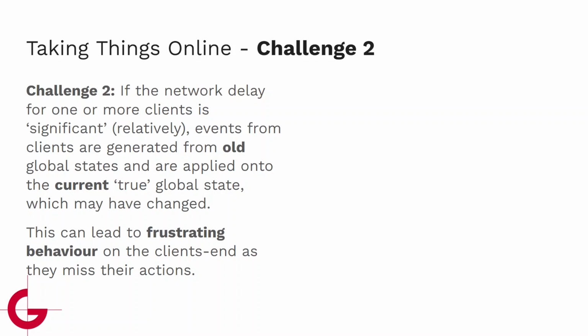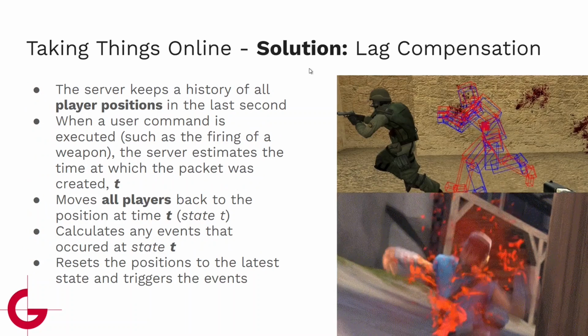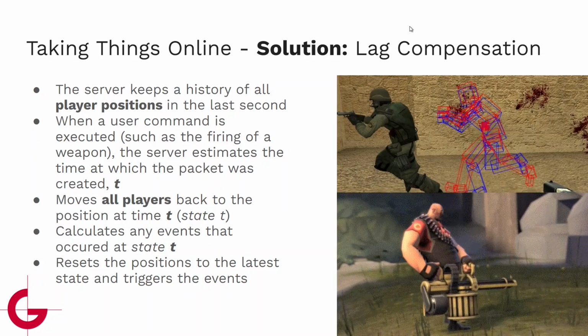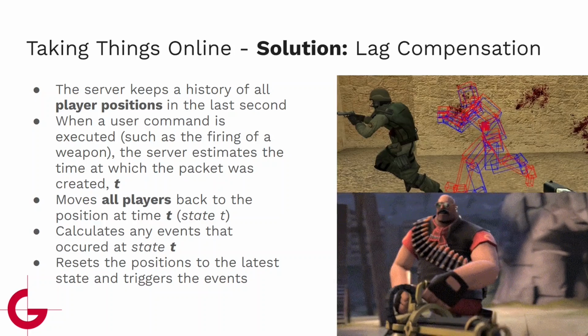So if you're playing online with your friends and they have a lot more latency, network latency than you do, or you have a lot more network latency than they do, then this can lead to a frustrating behavior on the client's end, on our end. So how is this problem solved in the Source engine?